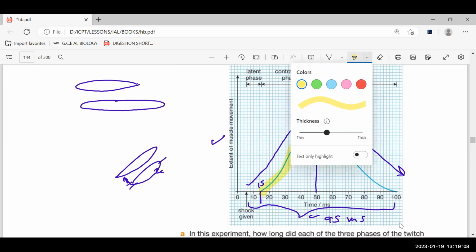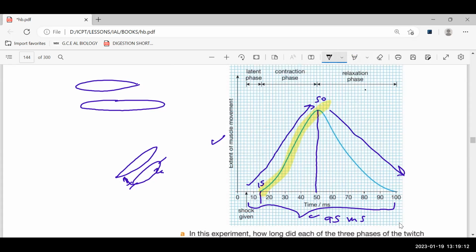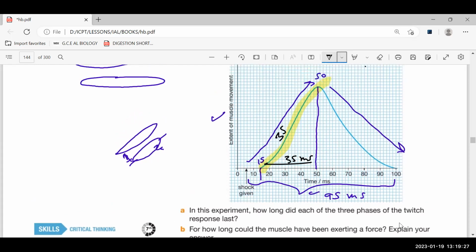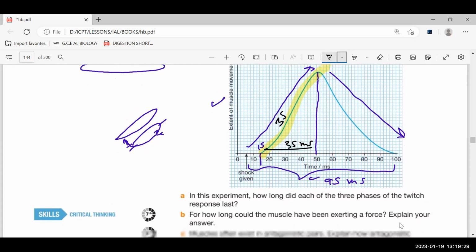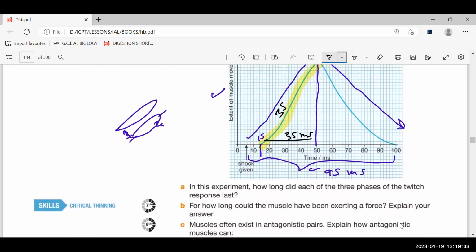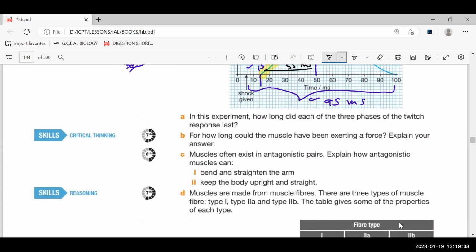So it is basically 35 milliseconds, because 50 minus 15 is 35 milliseconds. So muscle contraction needs a force. So 35 milliseconds is the force, and muscle contraction can be considered as exerting a force.